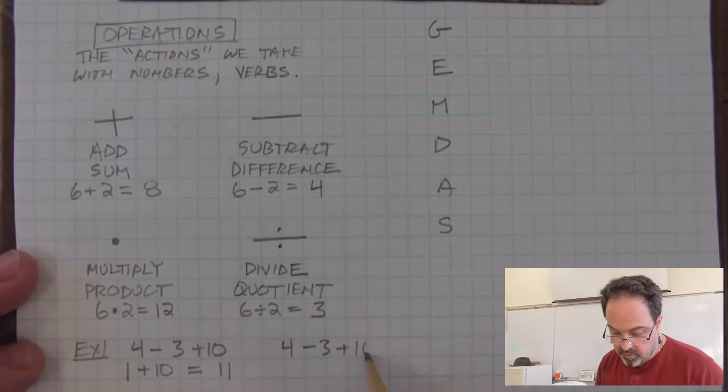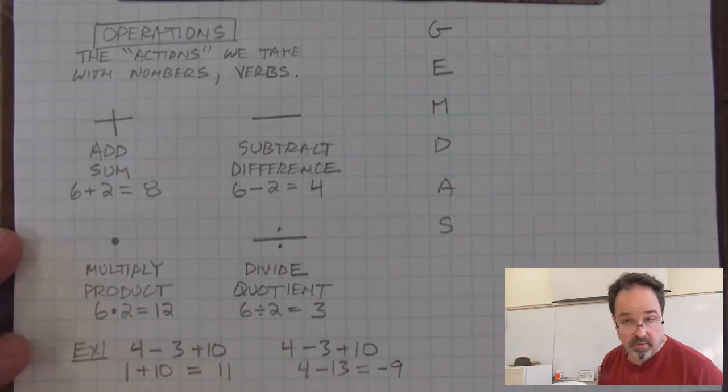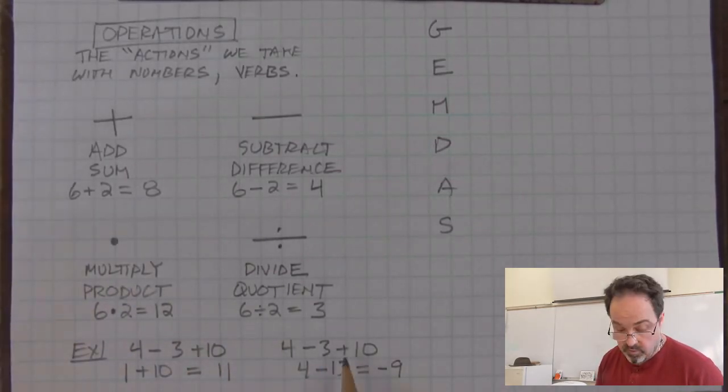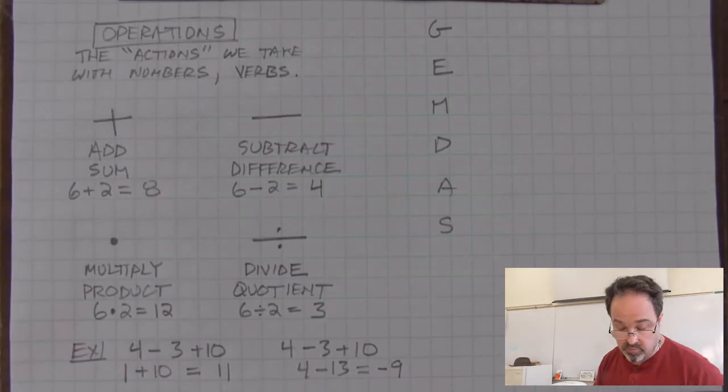Then if we did the problem by adding first, the 3 and the 10 to get 13, so this became 4 minus 13, or an entirely different number, in this case, a negative 9. Which is the correct way to proceed with this problem? There's one answer that's considered correct because it would be the answer that everybody else in the world would be expected to get.